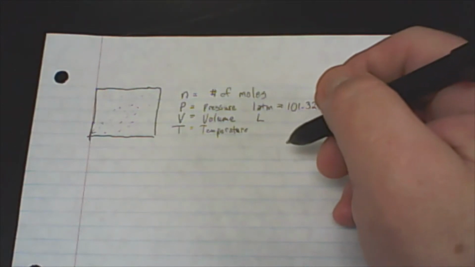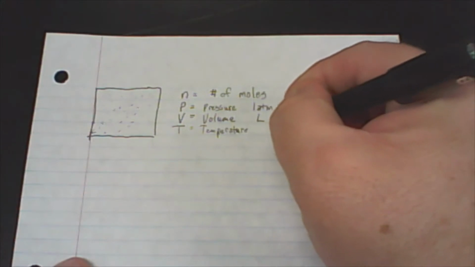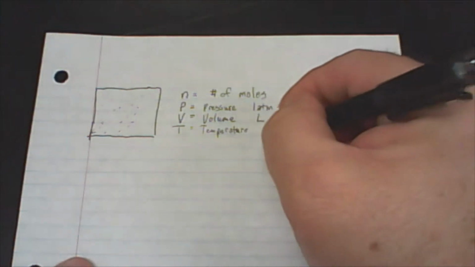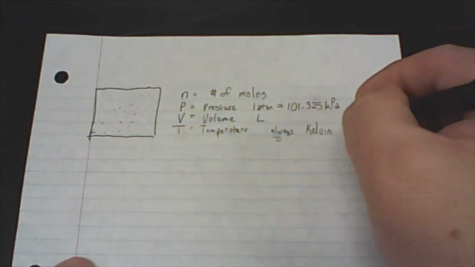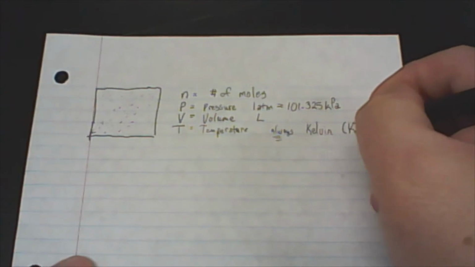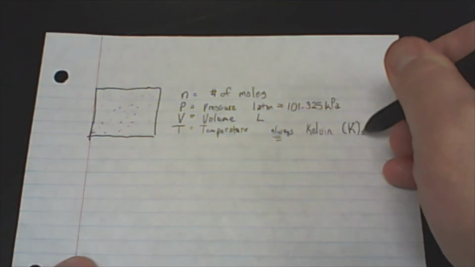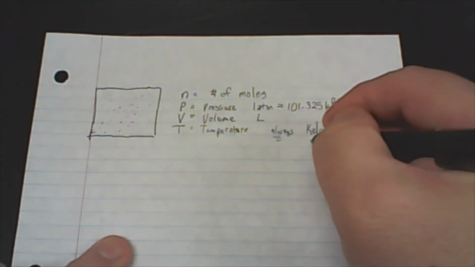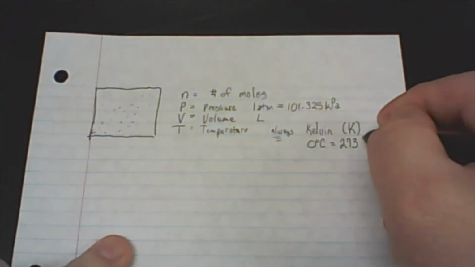A very, very important thing to keep track of is temperature must always, always, always be in Kelvin. That's abbreviated without a degree sign. You don't say degrees Kelvin, it's just Kelvin, and that's a capital K. And if we have to convert, 0 degrees Celsius is equal to 273 Kelvin.